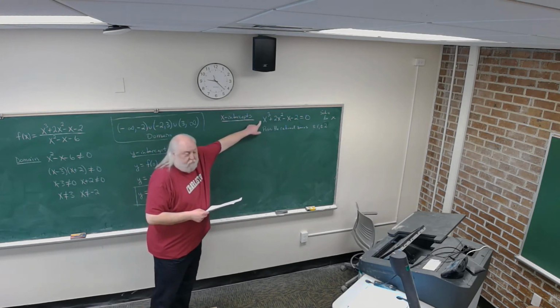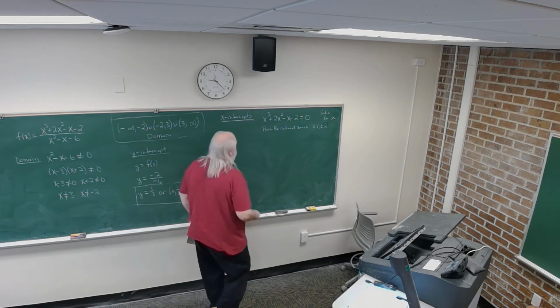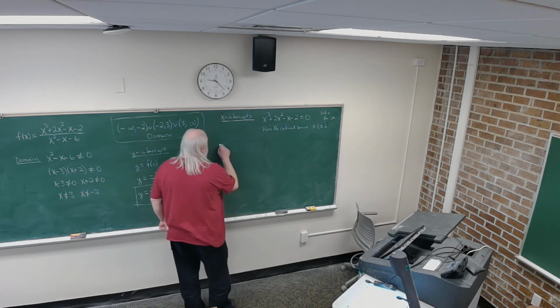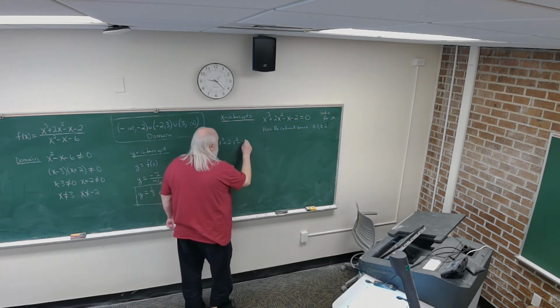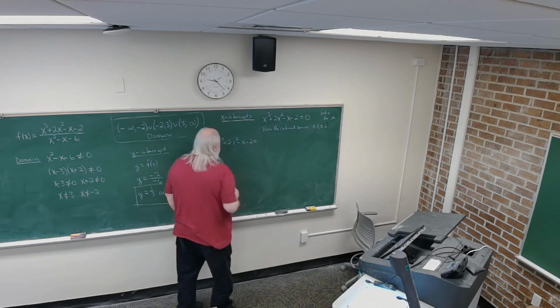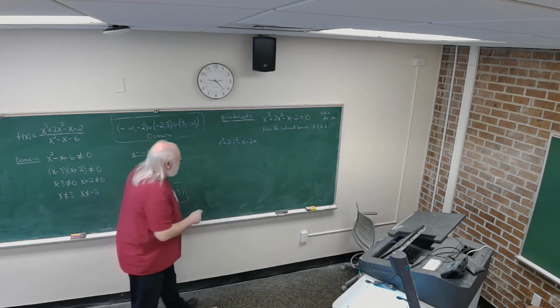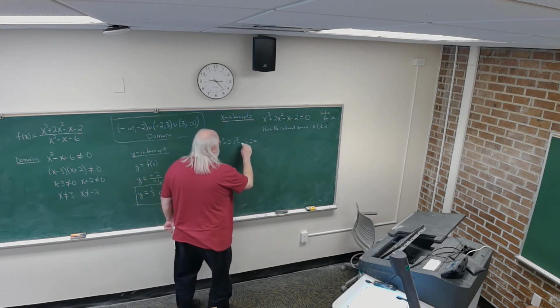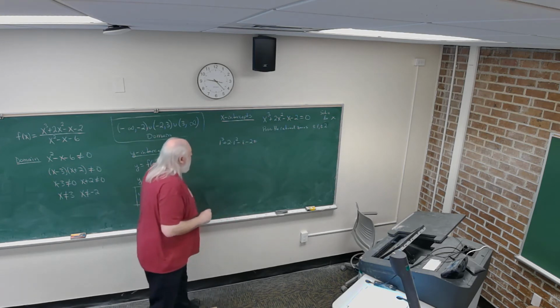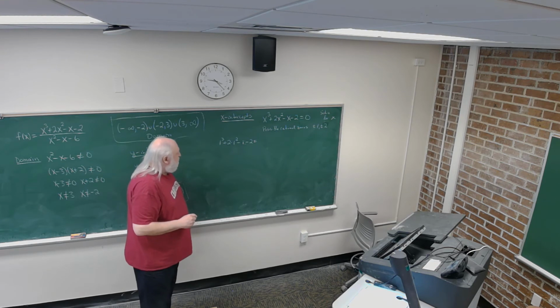Well, you plug 1 in for x. You have 1 cubed plus 2 times 1 squared minus 1 minus 2. And you get, oops, I wrote minus x, I meant minus 1. And you get 1 plus 2 is 3, and 3 minus 1 minus 2 is 0.